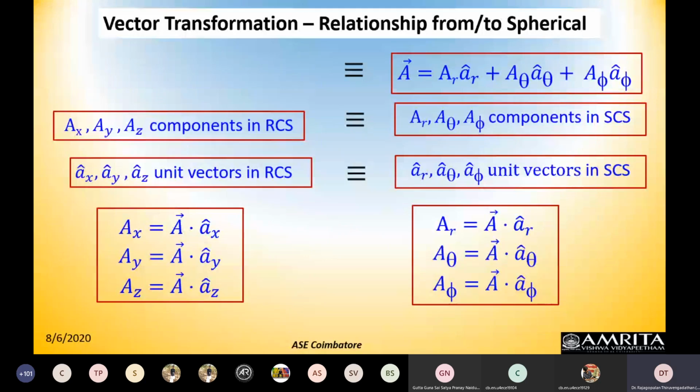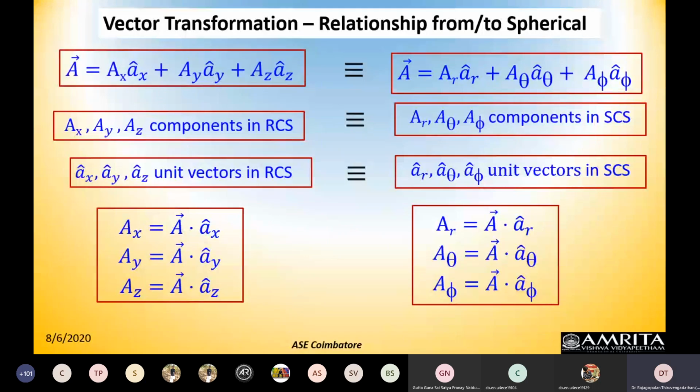Now, given this, I have the vector transformation. I brought all these concepts in the last class. If I write the vector in Cartesian coordinates, you know how to write it. The equivalent vector in spherical will have components along the r direction, theta direction, and phi direction, such as A_r, A_theta, and A_phi.